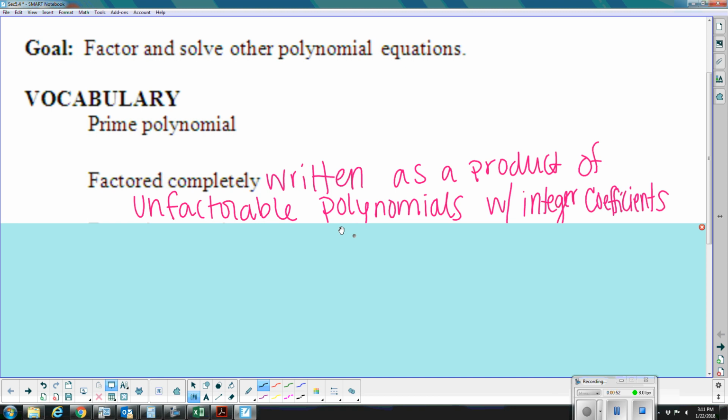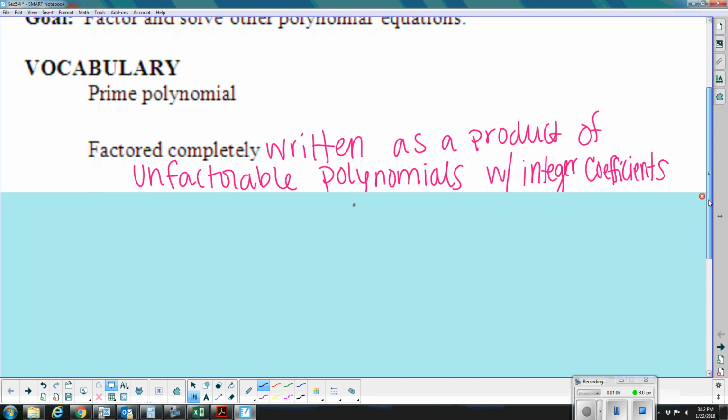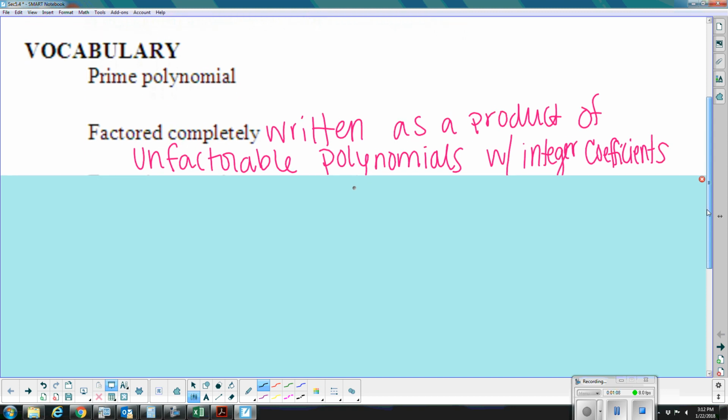So think of how you factored quadratic functions, or even maybe you factored linear functions, but writing it as the product of unfactorable polynomials, and you're going to use integer coefficients.